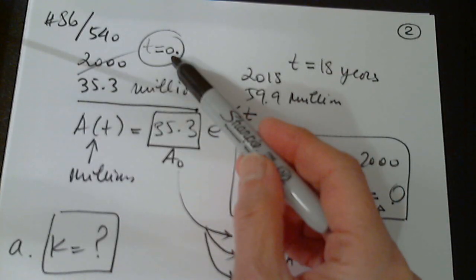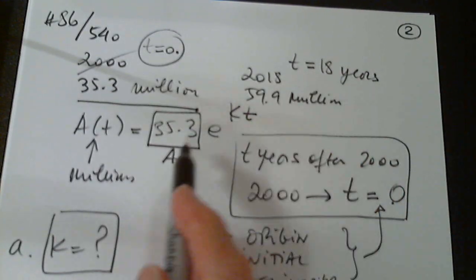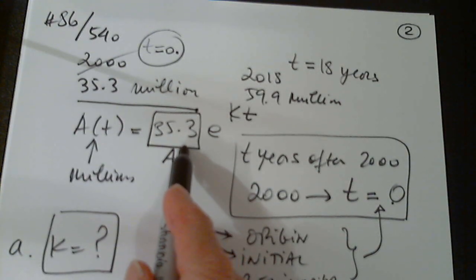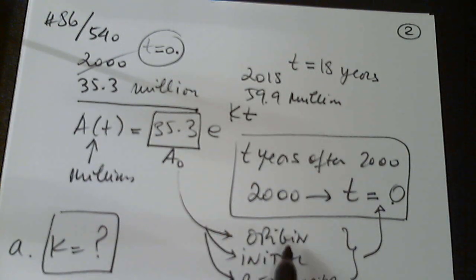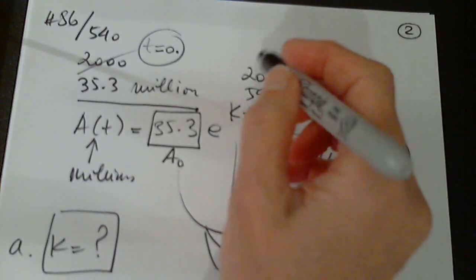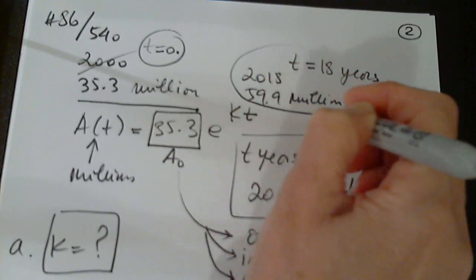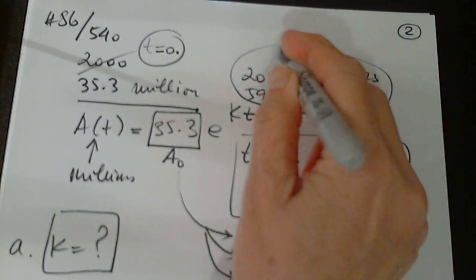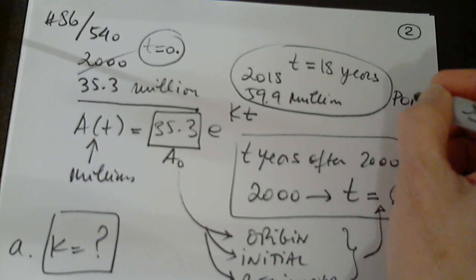So 2000 represents t equals 0. It means that this is the initial value, or the original value, or the beginning. Done.